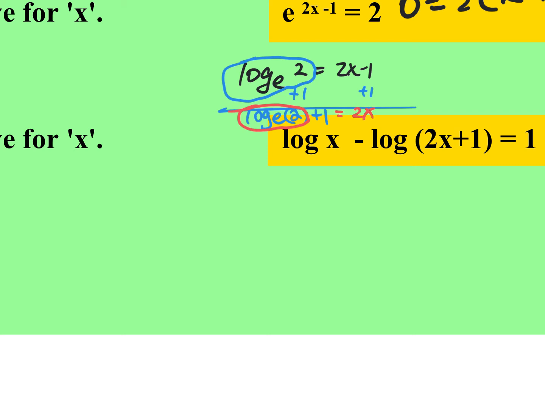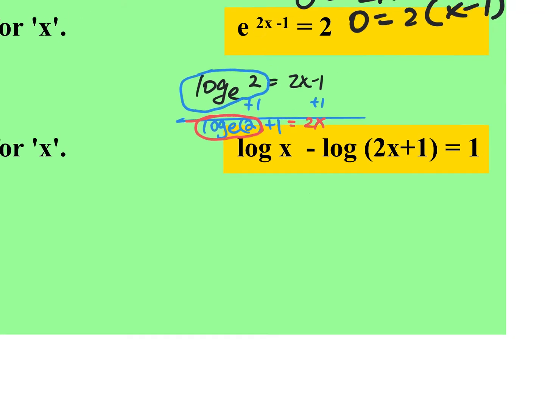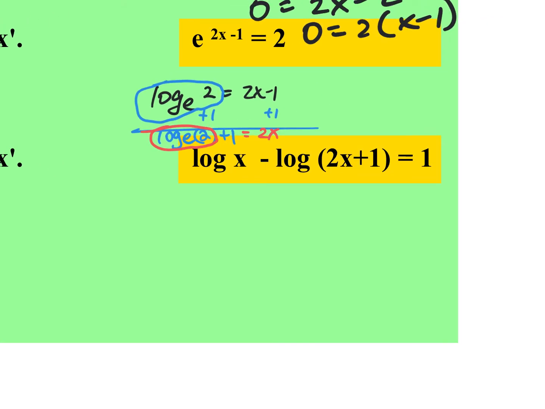I'm going to divide everything by 2 or multiply by 1/2. As I do that though, if I multiply by 1/2, I've got to multiply this whole thing by 1/2, or divide this whole thing by 2. So I'm going to choose the whole thing divided by 2: log base e of 2 plus 1 all over 2. That would be a good way to answer that question.